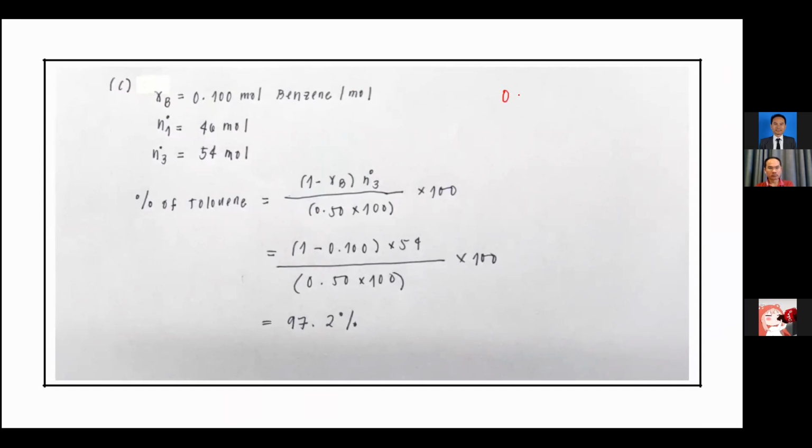So 0.892 times 0.50 times 100 is equal to 0.97 N1. So we have 44.6 is equal to 0.97 N1.